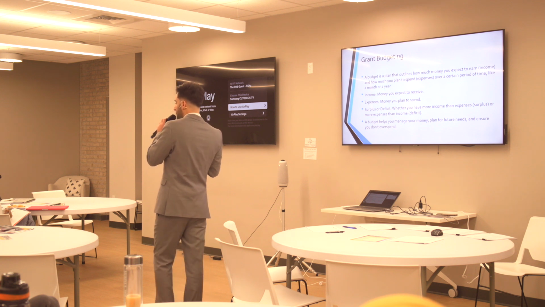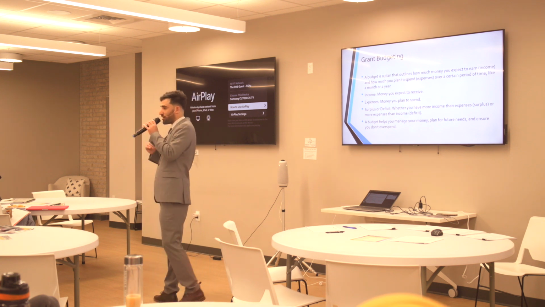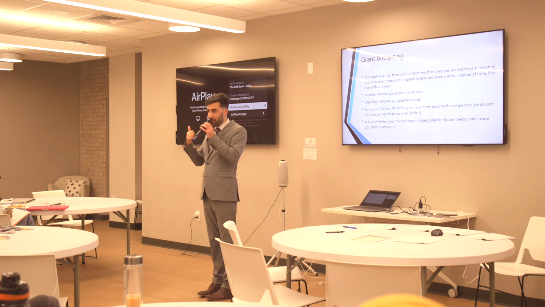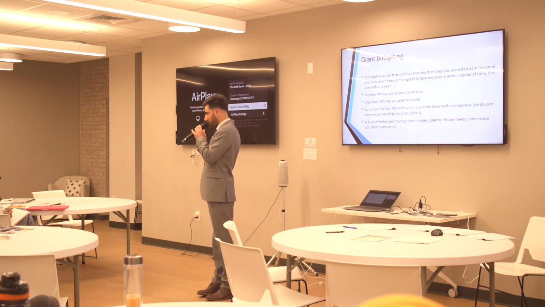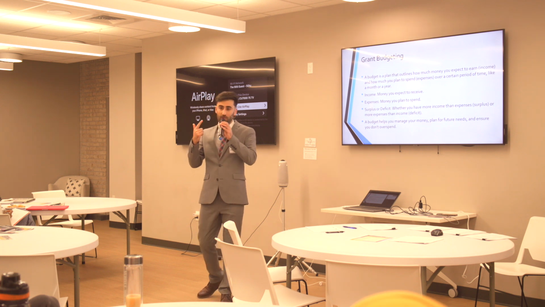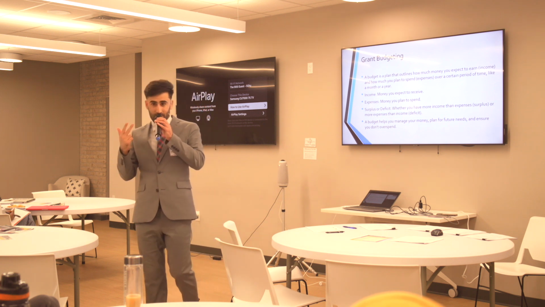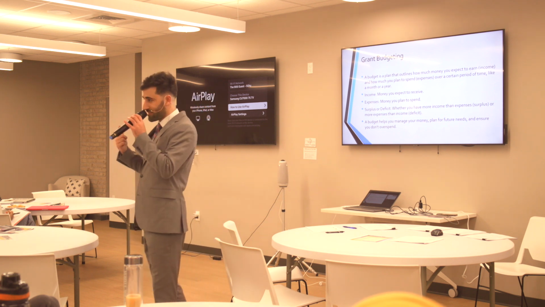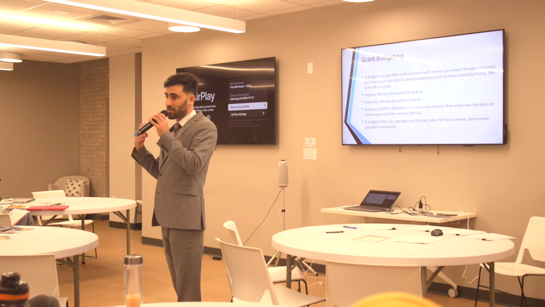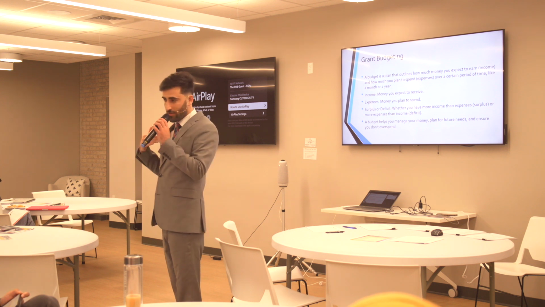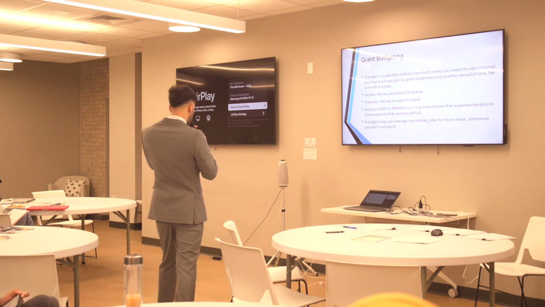So the same process applies to grant budgeting. We are making a plan for how much our income is and how much our expenses will be. There will be either a surplus or a deficit, which is when we are spending more money than the money we have earned or received.